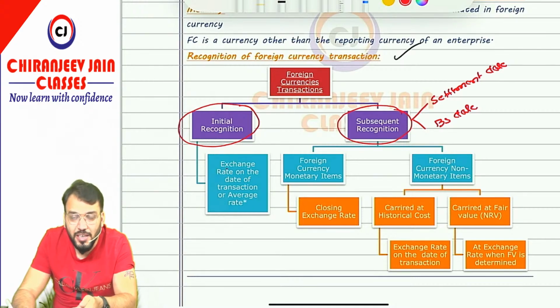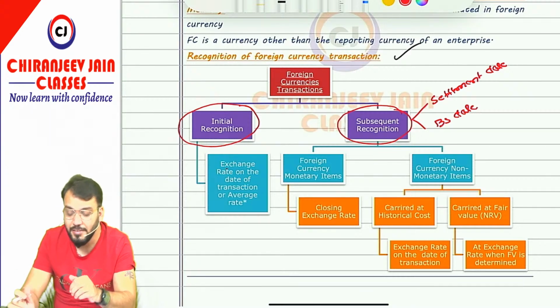But if the amount is collected after balance sheet date, then the settlement date will come after balance sheet date. In that case we need to understand how to translate that transaction, means how to do translation on balance sheet date as well as on settlement date. So subsequent recognition means translation on balance sheet date or settlement date.